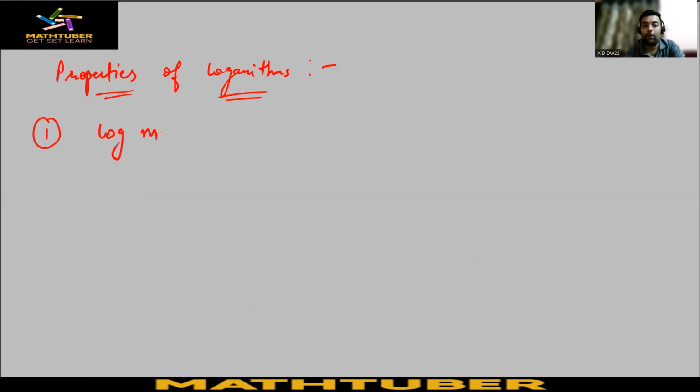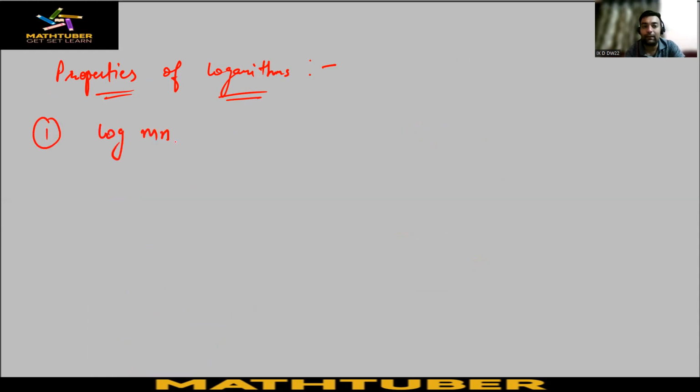So now let's move to the properties of logarithm. So the first property is log of mn.